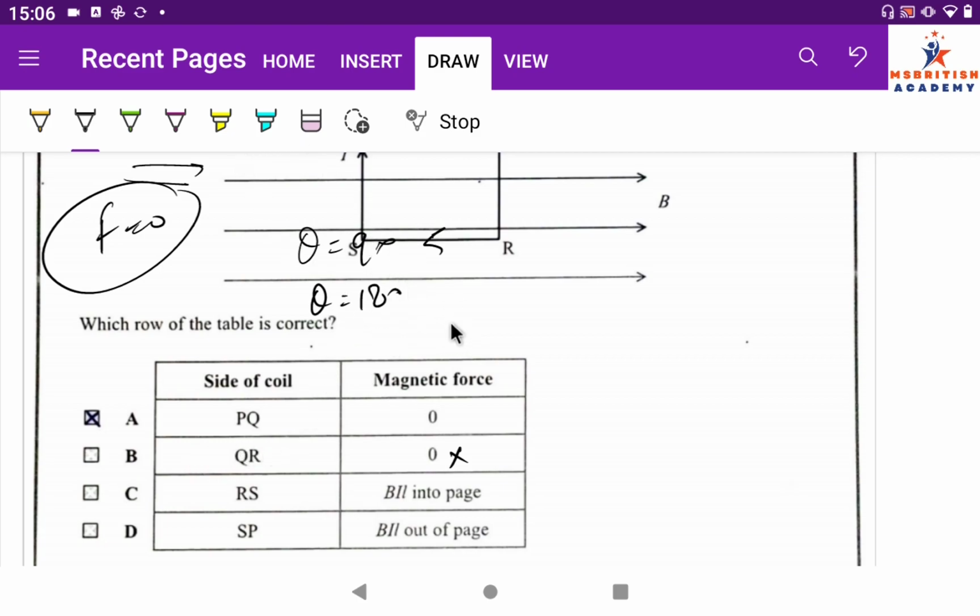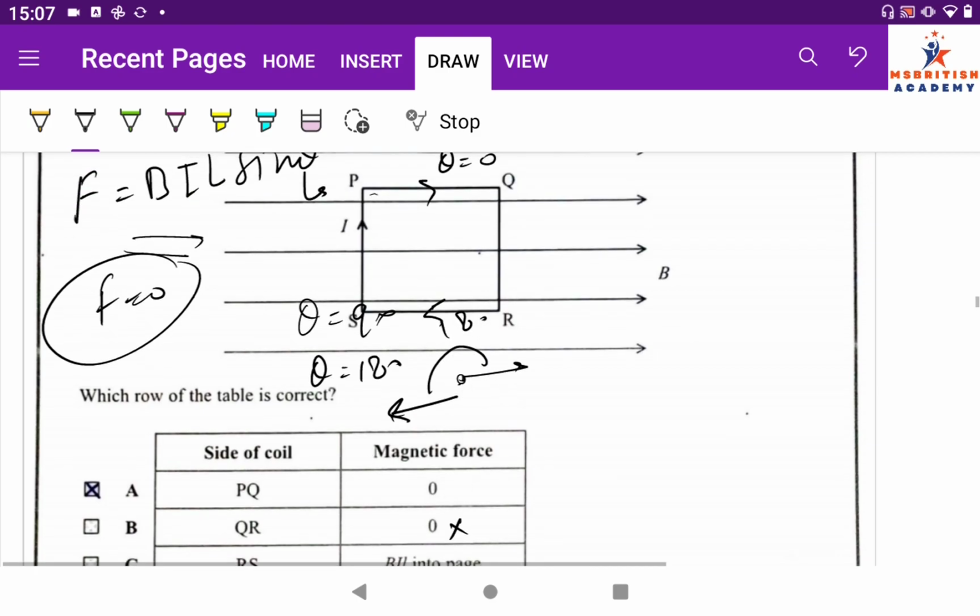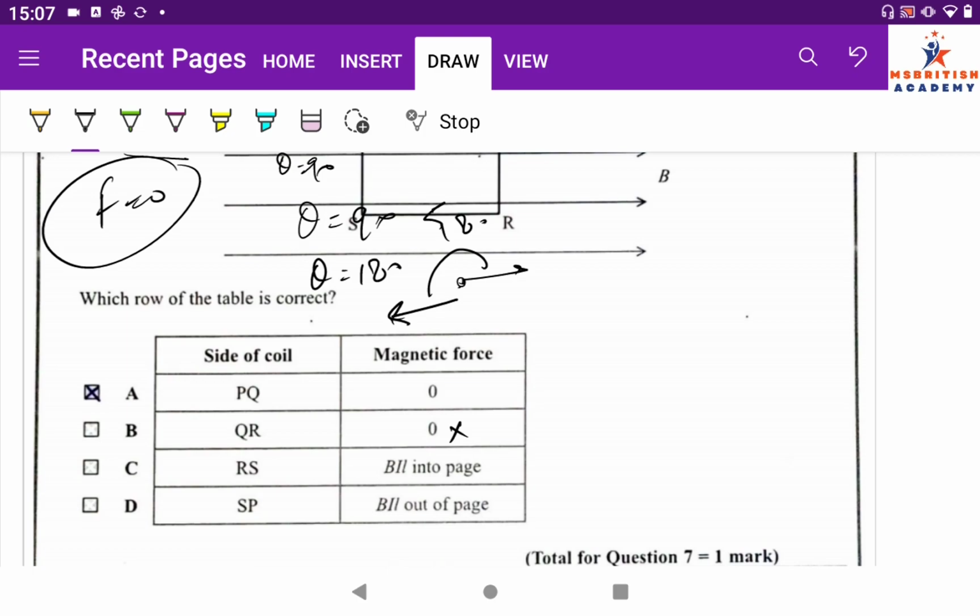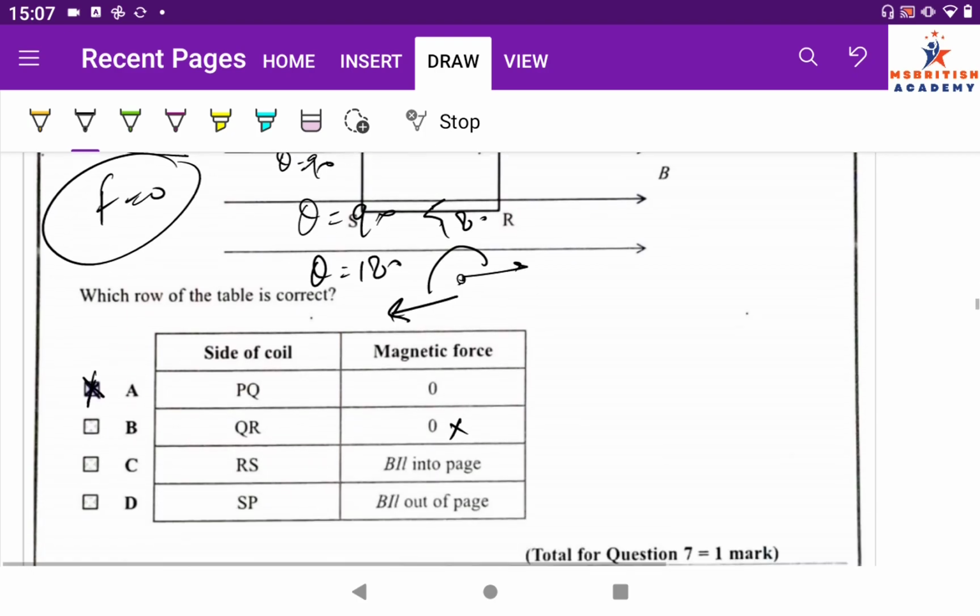Because the magnetic field is in the right direction and RS is in the left direction, so the angle is 180 degrees. In the case of SP, the theta value is 90 degrees, so the force is not 0. So only option A is correct, and the correct answer is A.